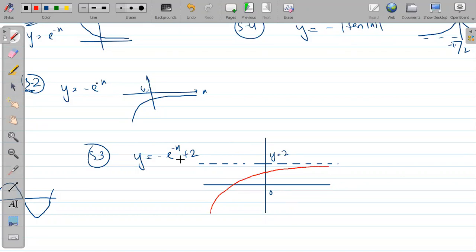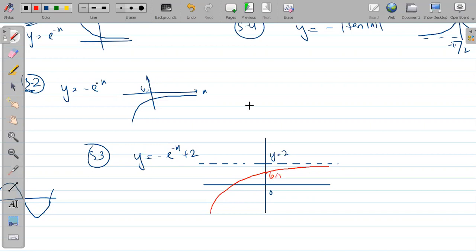At what point? If you put x equal to 0, what are you getting? Can you tell me? So 2 minus 1, it is 1 only. So the point is (0, 1). What is this other point? What do you need to put to get y equal to 0?